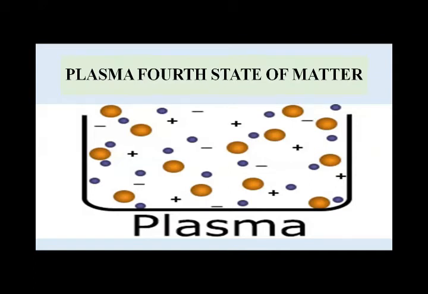Actually, my dear students, it is not included in your syllabus or content. This is just a mini research for a little bit of introduction or awareness. So, I will share about plasma.